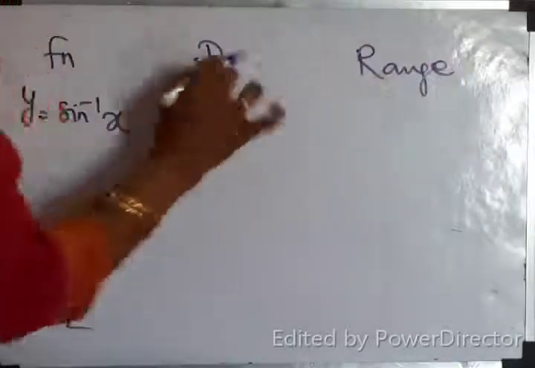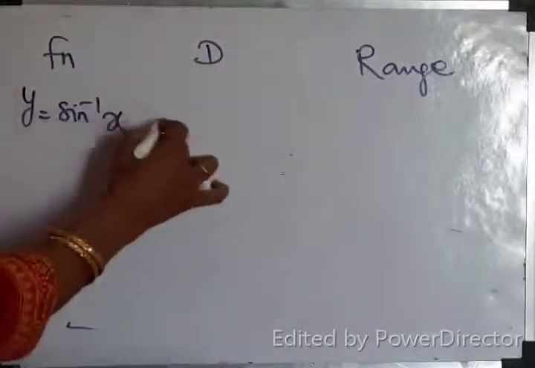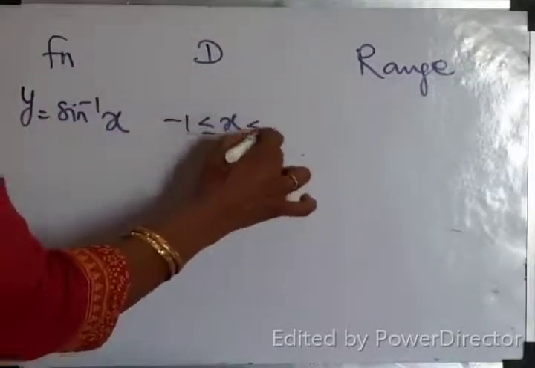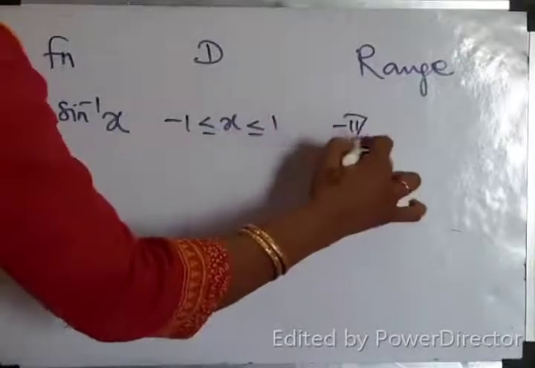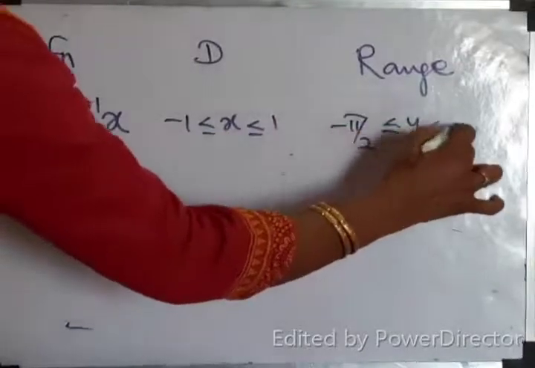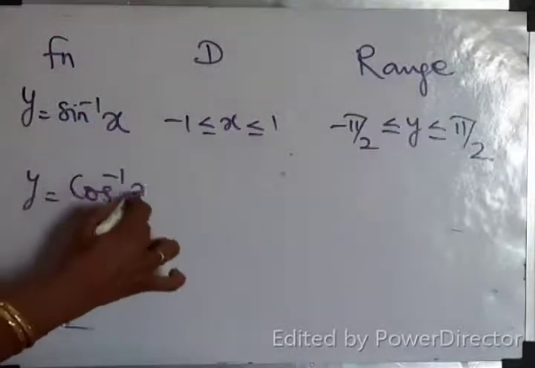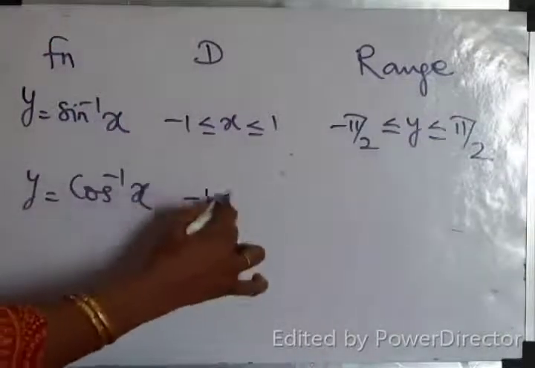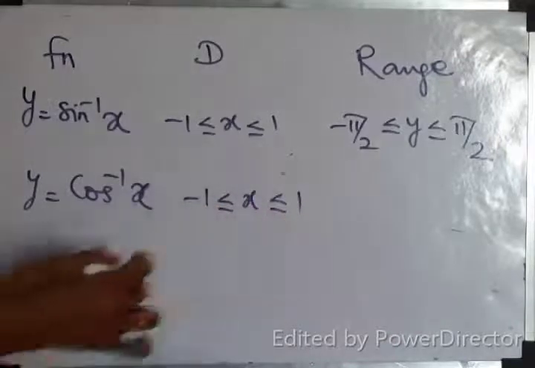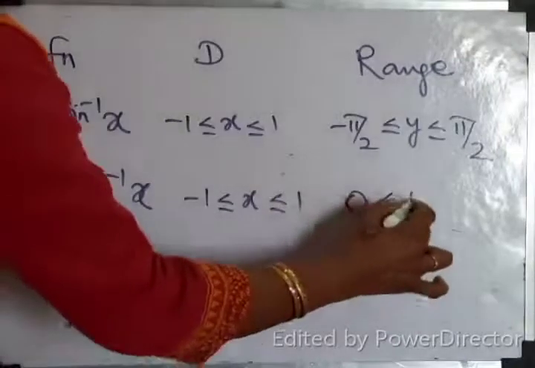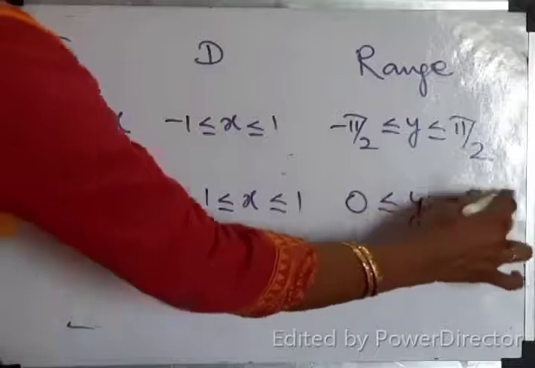That's all. Only these three things you have to remember. Minus 1 less than or equal to x less than or equal to 1, and here minus pi by 2 less than or equal to y less than or equal to pi by 2. For y equal to cos inverse x, what will you get? Same thing: minus 1 less than or equal to x less than or equal to 1 and 0 less than or equal to y less than or equal to pi.